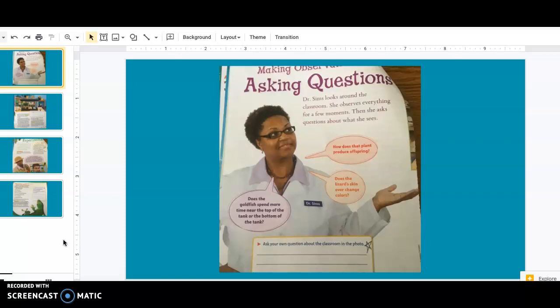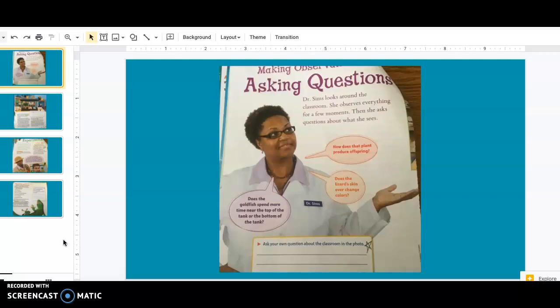You'll see the title of the page says Making Observations and Asking Questions. Remember, this is the very first step in the scientific method. And here we're looking at Dr. Sims, who's looking around the classroom she's in and observing. And then she starts to ask some questions. And that's exactly what scientists do.